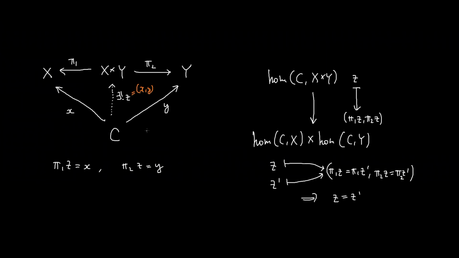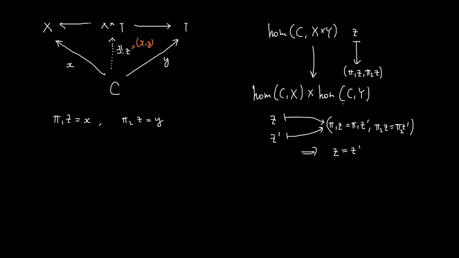So more formally, if I want to link these two, because I've stated this in a slightly different language, where I was saying, starting with x and y, that there is a unique z, I could have also started with z and said that every two different z's, if after composing them with pi1 and pi2 they give me the same x and y, then they must be equal, and that will be the uniqueness part of this condition. And the existence part will say that every x and y have such a z, and that's exactly surjectivity of the function.